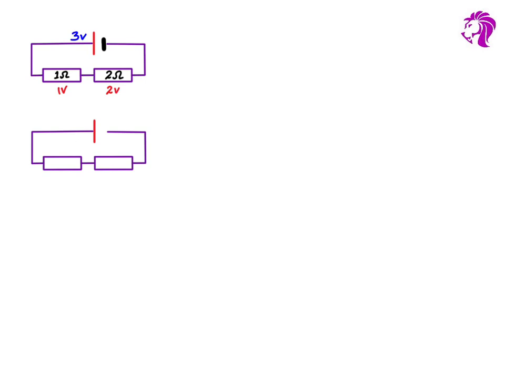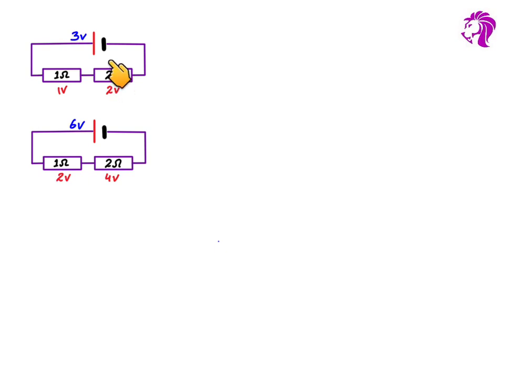Alright. Now, you have these two resistors connected in series, right? You see this is 1 ohm, this is 2 ohms. So I told you that voltages divide in ratio. This 3 volts would divide in such a way that this gets one portion and this gets twice the voltage.